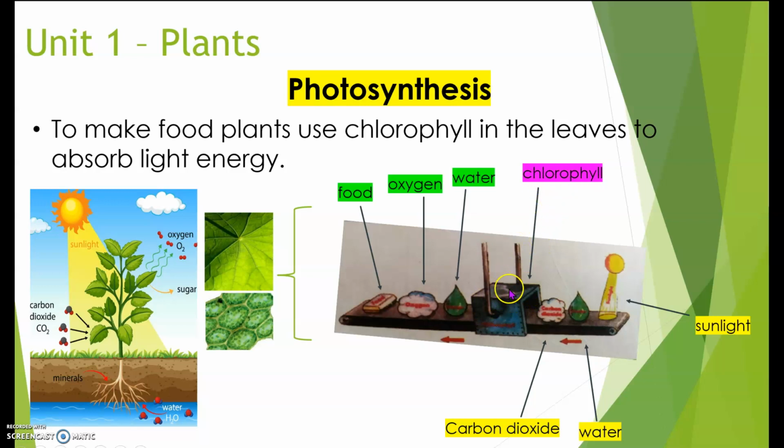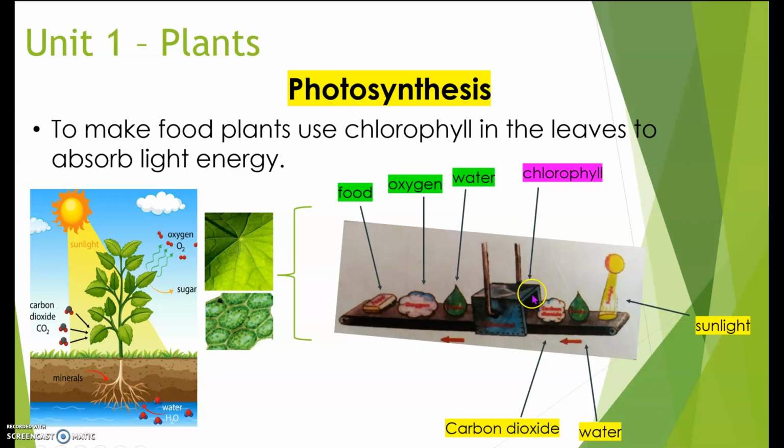The chlorophyll is the box right here. The leaf will use the chlorophyll to absorb the sunlight. The sunlight will then help carbon dioxide and water to combine together.